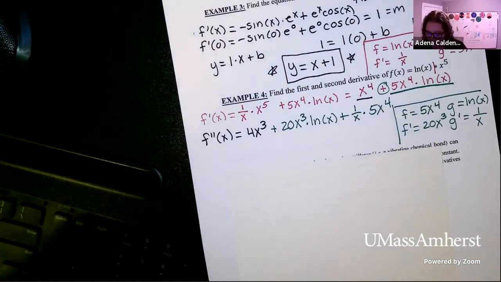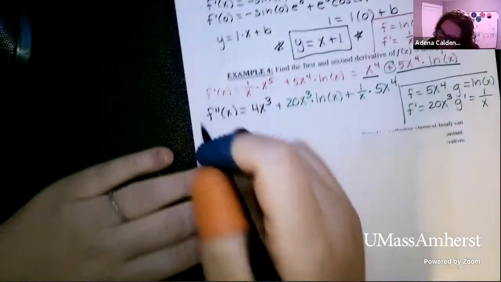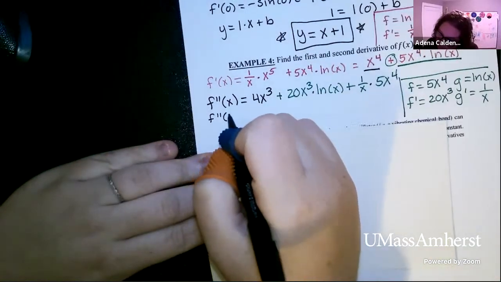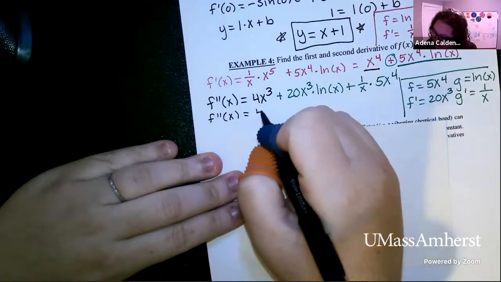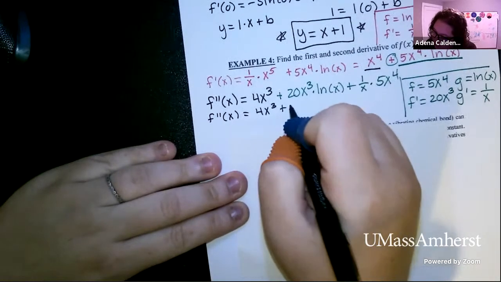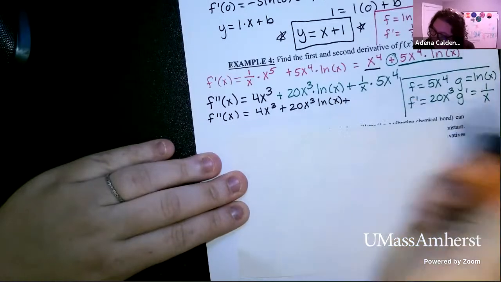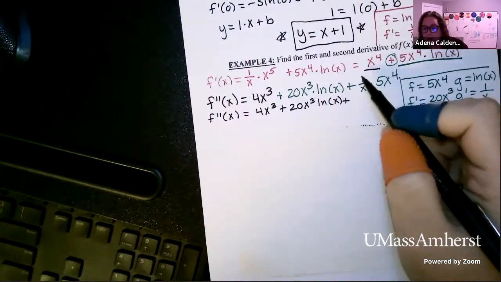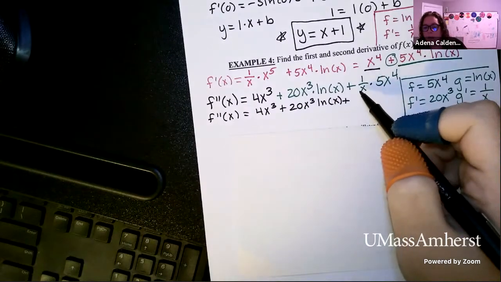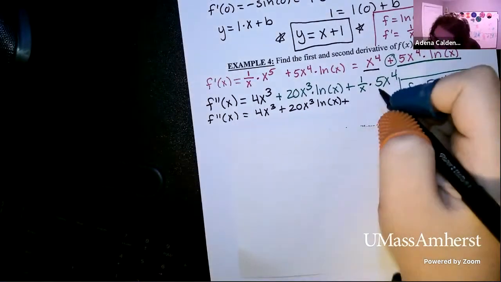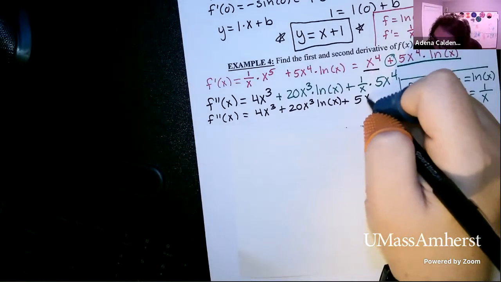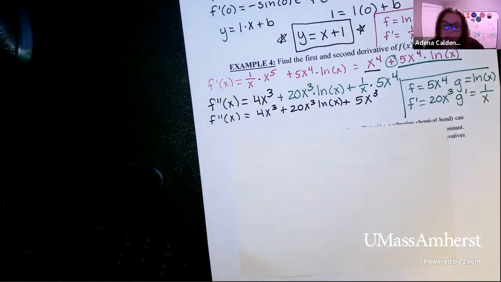So I want to see if I can do any simplifications. So I notice that that last term I can simplify. So I have 4x cubed plus 20x cubed ln x plus, now again, I have 1 over x times 5x to the 4th. This x will cancel one of these x's, and I get 5x cubed.